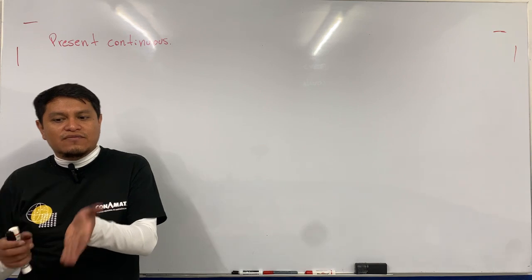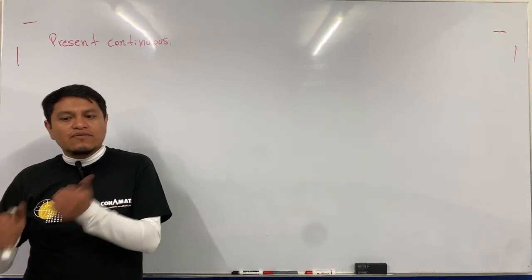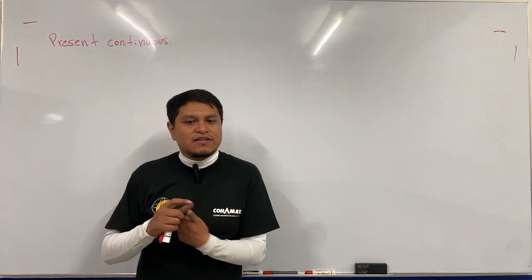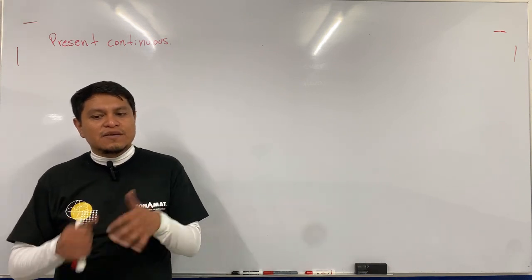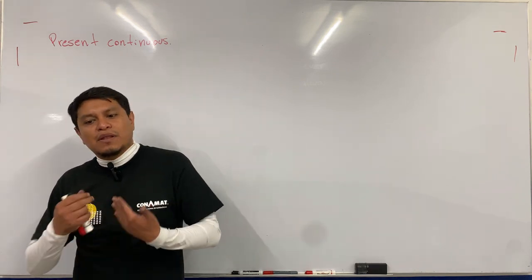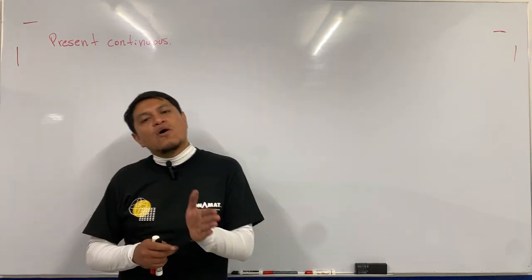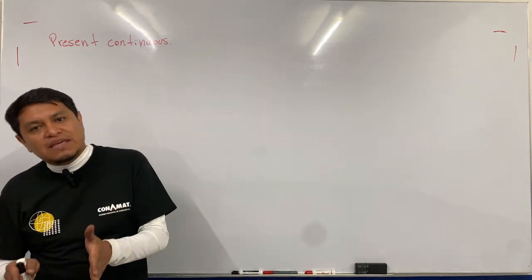You will find some exercises to understand this structure. Finally, you will find some writing activities to help you to develop a short text where you can describe what is happening at the moment you are speaking, right?